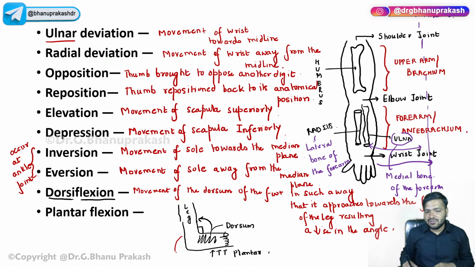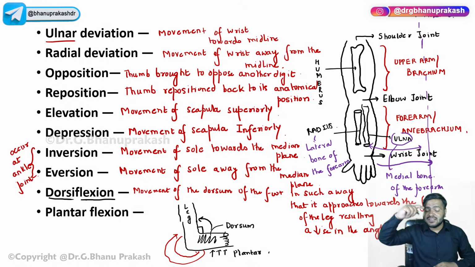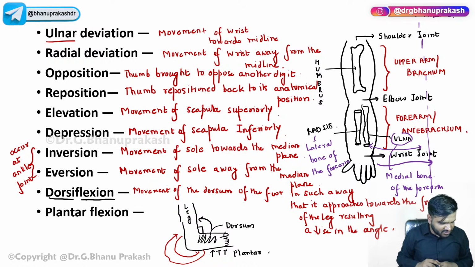Plantar flexion. Now guys, you can see the angle over here, right? So in plantar flexion, you have to decrease the angle. So movement of the plantar surface of the foot towards the posterior part of the leg, right? The plantar surface will go behind such that there is a decrease in the angle. That is called as the plantar flexion, guys, right?